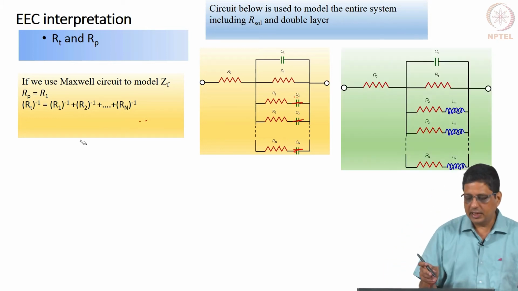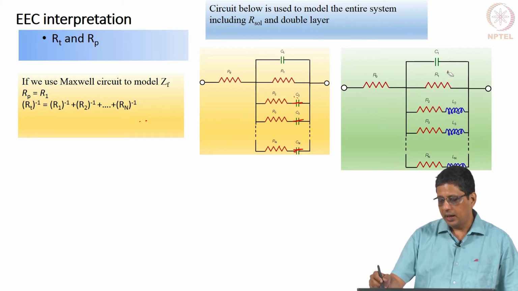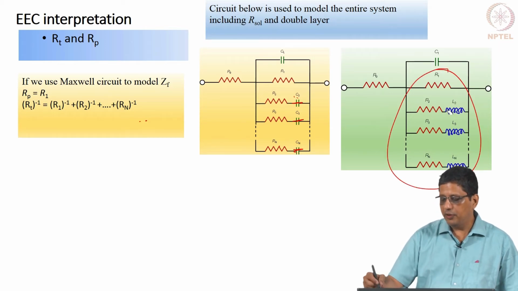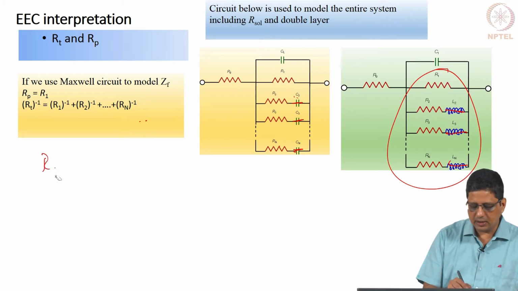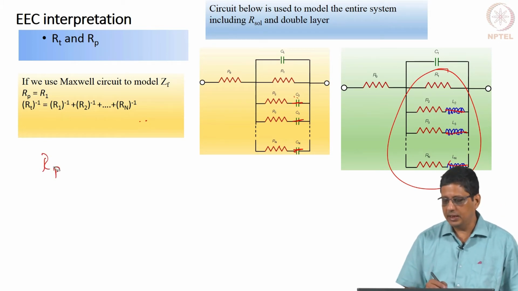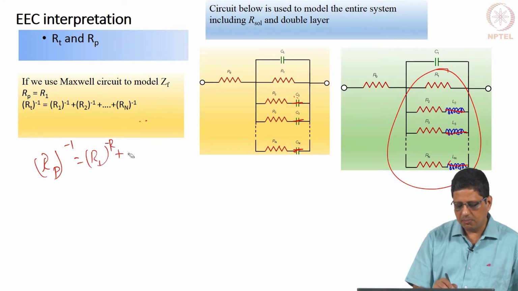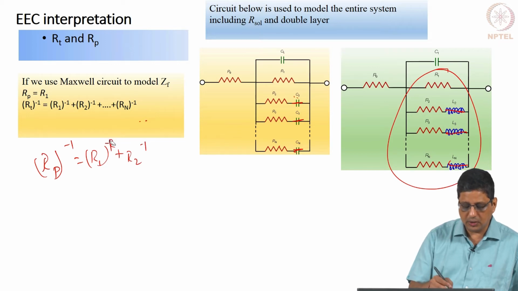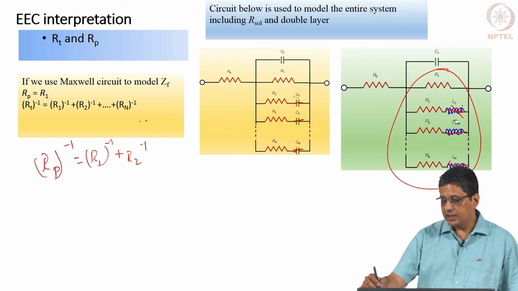Instead of Maxwell with capacitor, if I have Maxwell with inductor, at zero frequency this is going to be short circuited, correct. So, at the limit of 0 frequency I can say Rp inverse is going to be R1 inverse plus R2 inverse and so on. At infinite frequency, this is open.